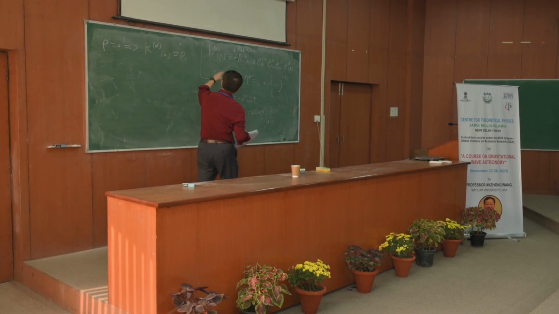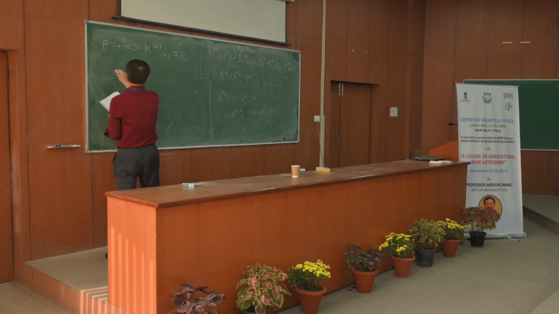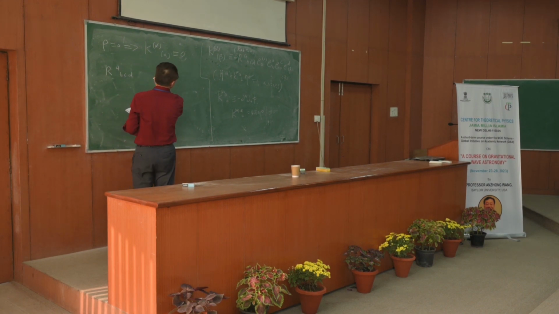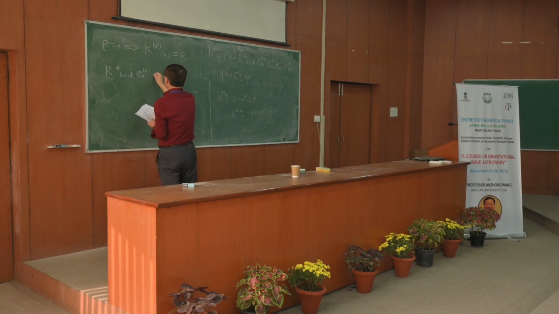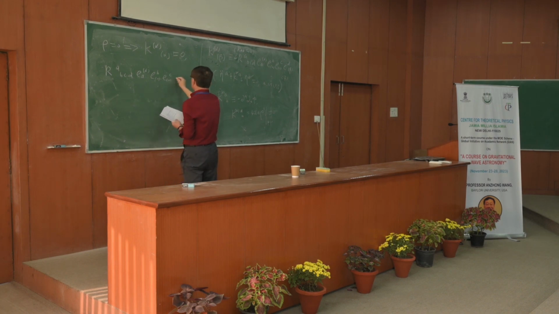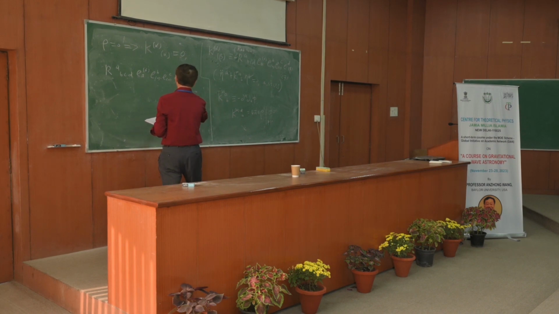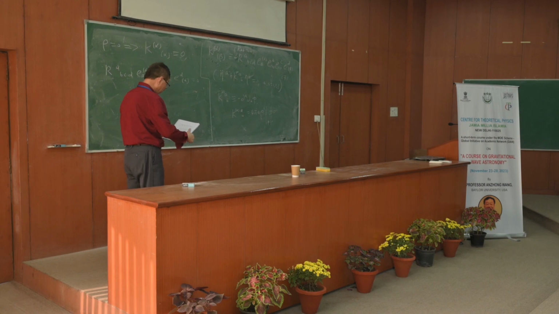So here, which means I have R_{ABCD} e_A^alpha e_0^B e_0^C e_D^alpha. This should be 0. Correct?